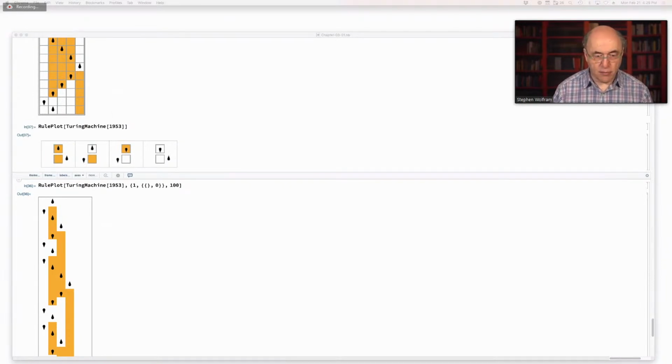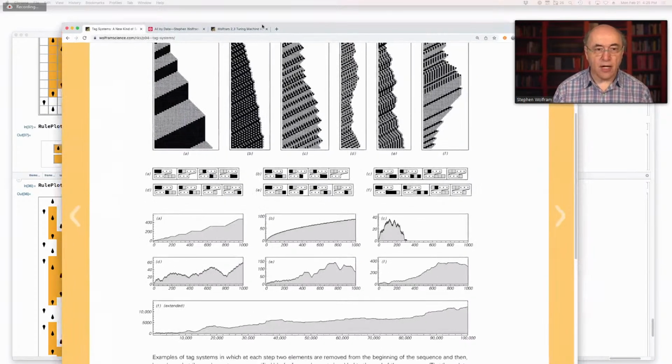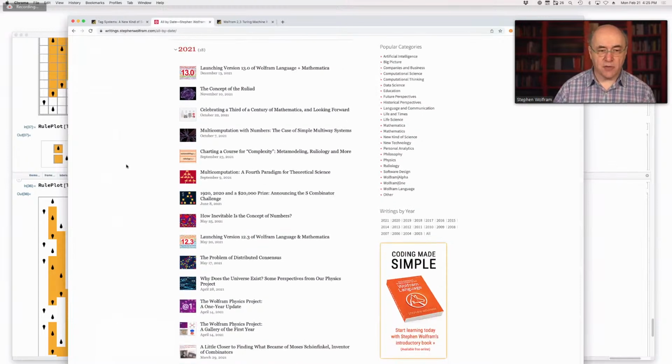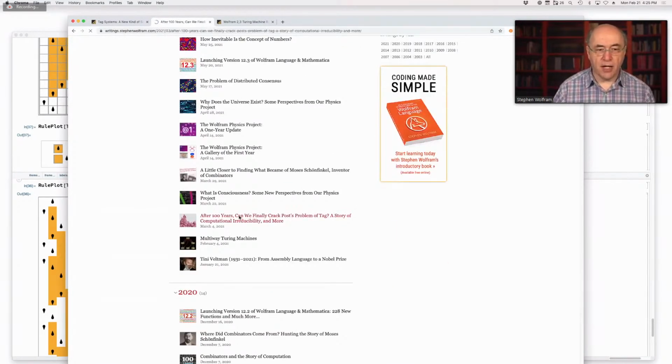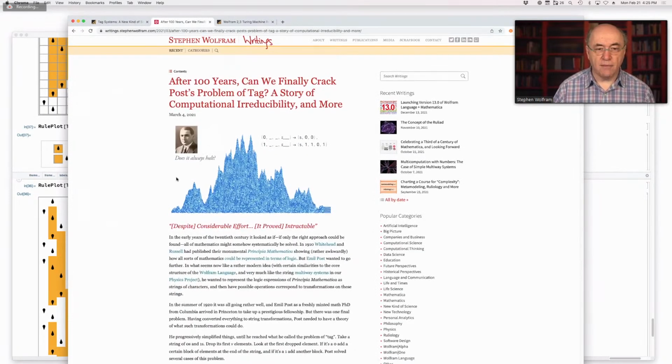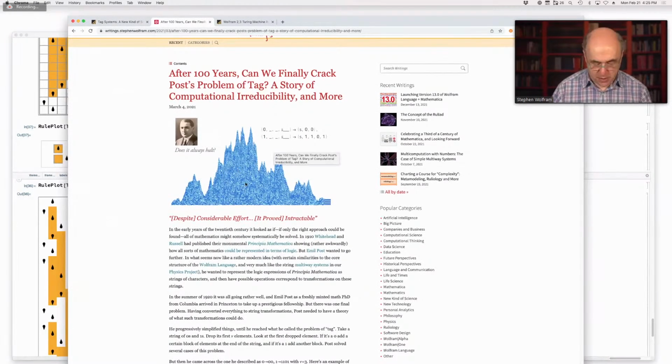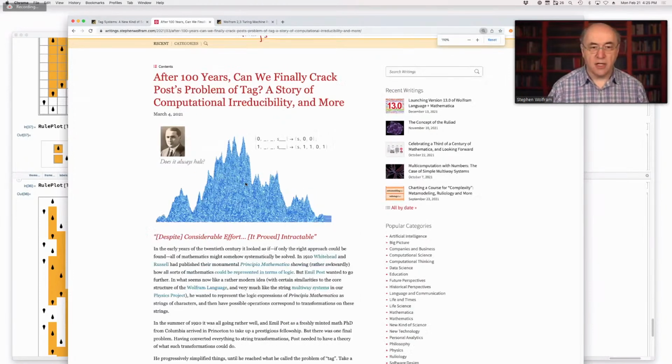But you would be wrong, because tag systems were invented just around 100 years ago, last year, by a person called Emil Post. This is the particular tag system he looked at in that picture there. It just chops off one thing at the front and adds either 2 things or 4 things at the back. And this is its behavior.